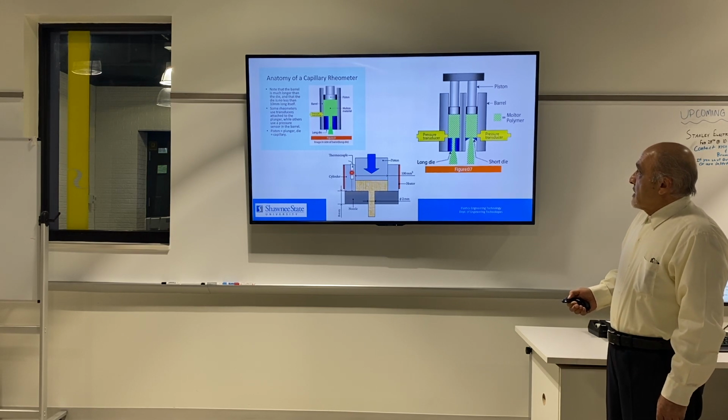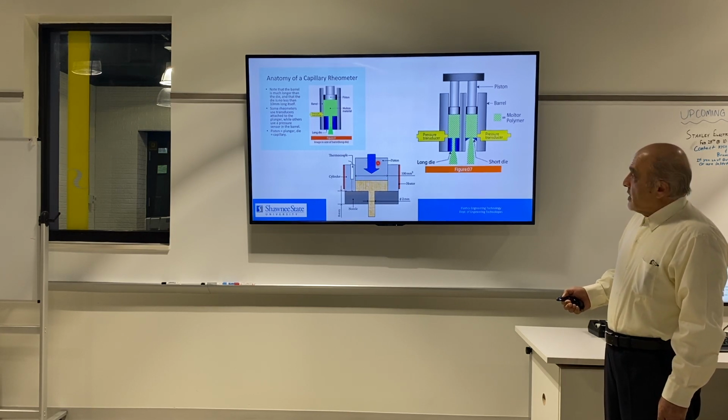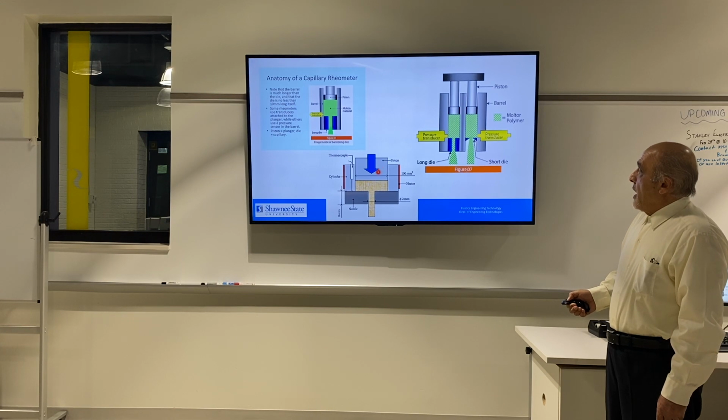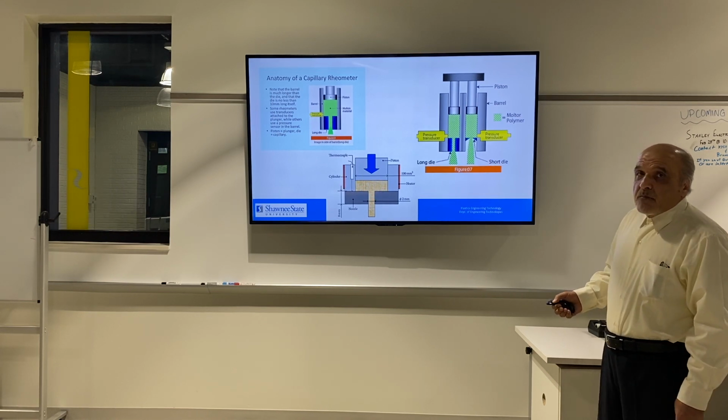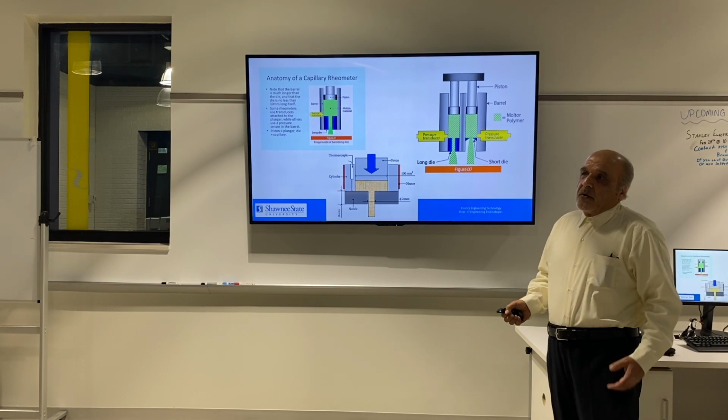And then, as you can see, by applying the load or force, we push the material into the barrel and finally the die and nozzle. Then we measure shear rate versus viscosity and shear rate versus shear stress. Basically, the machine is doing it for you.